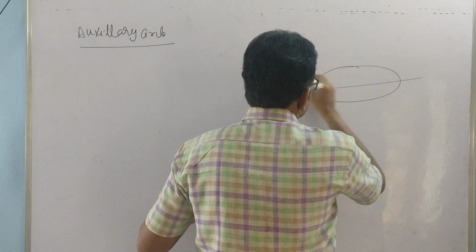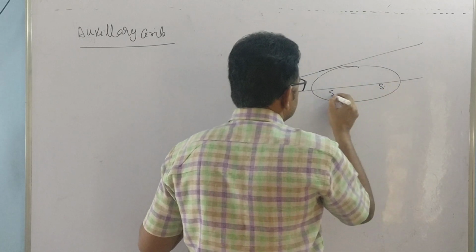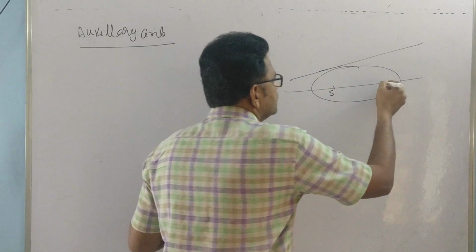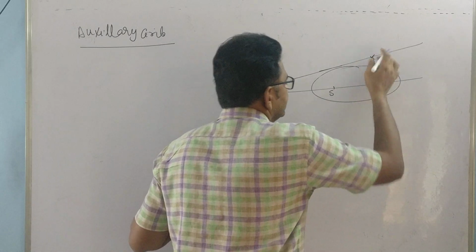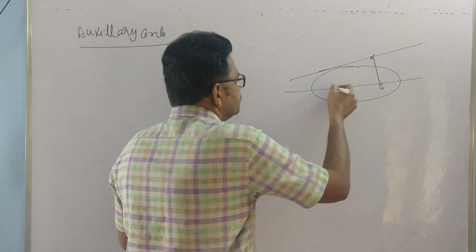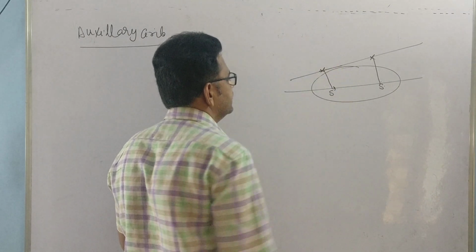So draw a tangent. This is focus S, S dash. So this is the foot of perpendicular from focus to this tangent. And also this is the foot of perpendicular from focus S dash to this tangent.